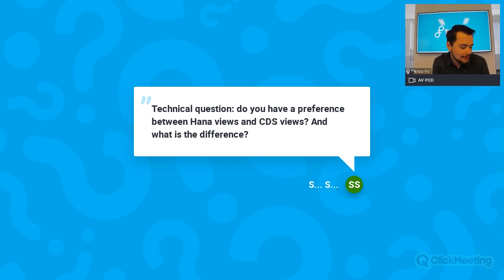You look at which version your customer is running on. I'm a fan of CDS views, but I know that we cannot use them at each customer, depending on their system level or version. But in the future, I would like to work a lot more with CDS views. I don't know if this answers your question. If it doesn't, we should go get a pint and philosophize about this.